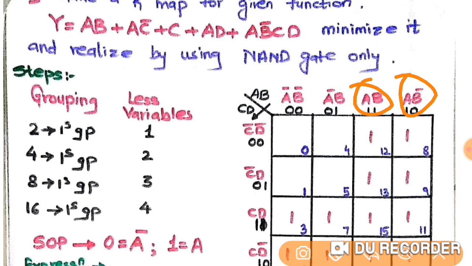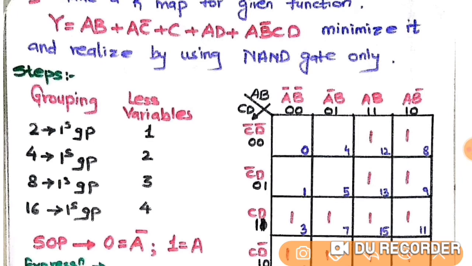And again, since only 2 variables are there, it is a group of again 4 ones. The second term in LSB is C'. Where is C' common, viewers? Here, C' and this C'. That means we have to map 4 ones in the columns having A common and in the rows having C' common.